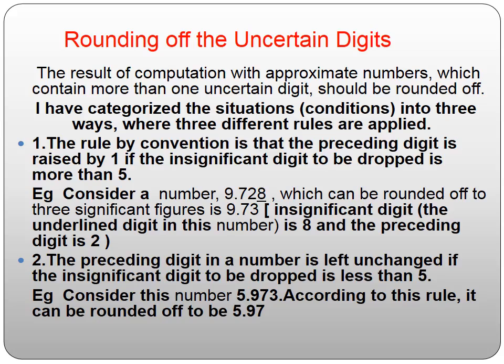According to this rule, it can be rounded off to 5.97 because 3 is the insignificant digit which is lower than 5. Therefore, the preceding digit should remain unchanged and the number should be rounded off to 5.97 by the removal of the insignificant digit 3.